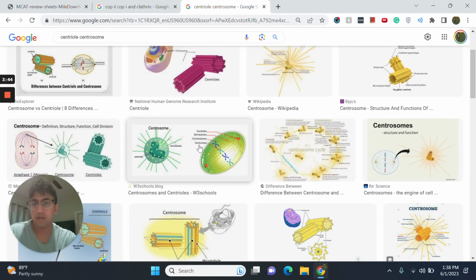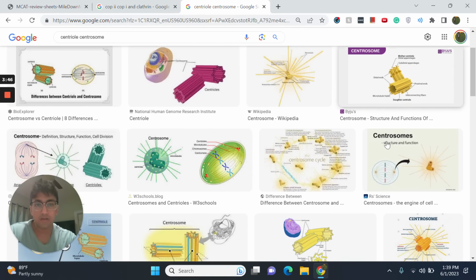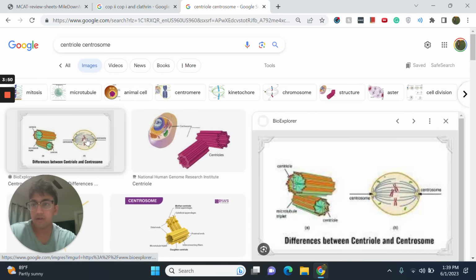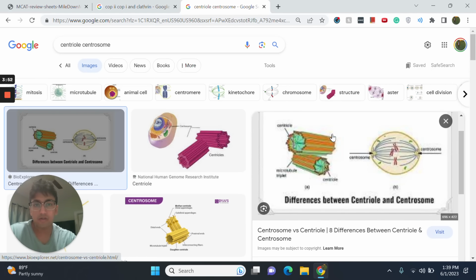You can see that there are 2 centrioles at right angles that form a centrosome. And these centrosomes pull apart the chromosomes during anaphase.